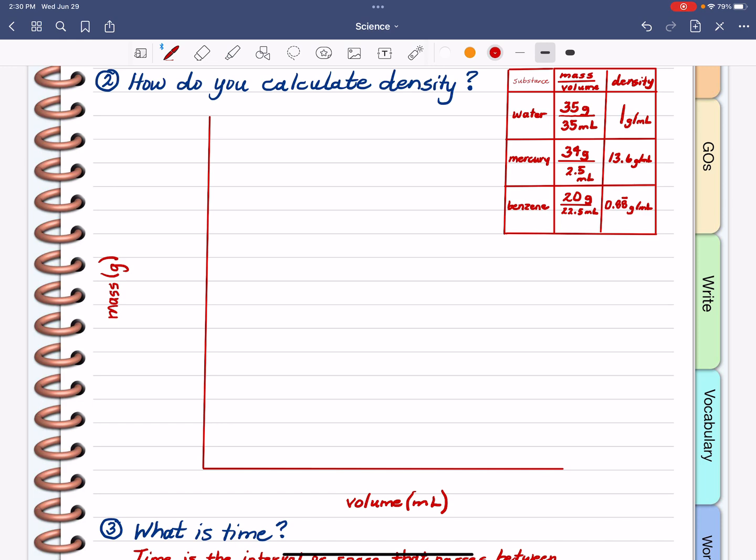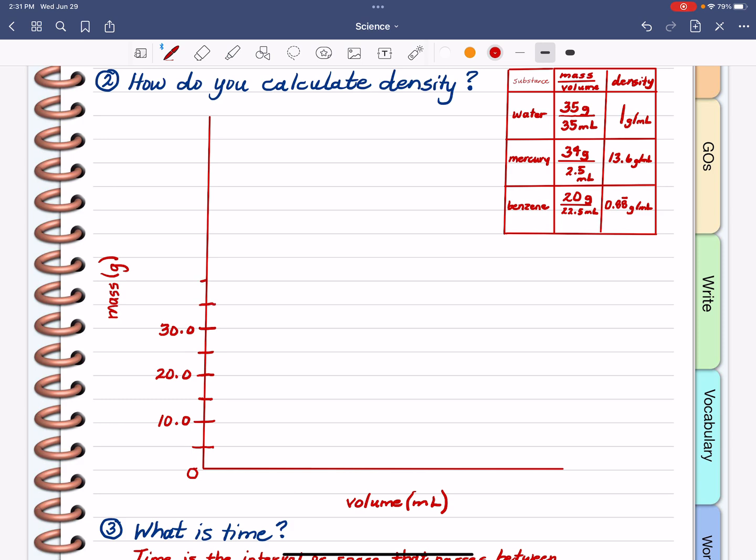Now we need to put a scale on our graph, and I'm going to start with, this is 0 right here. So I'm going to leave a line, and then I'm going to make this be 10.0, an even 10. Another line, and then another line, and we'll put 20.0. Then two more, and we put 30.0.